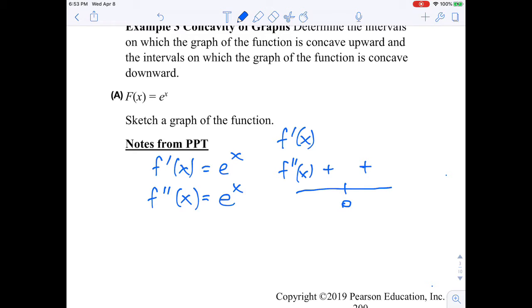First derivative, when it's negative, still positive. So this is increasing from negative infinity to infinity, and it's concave upward from negative infinity to infinity.